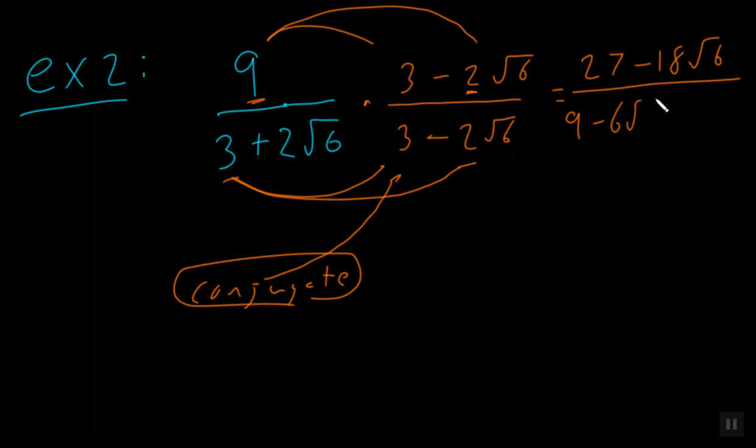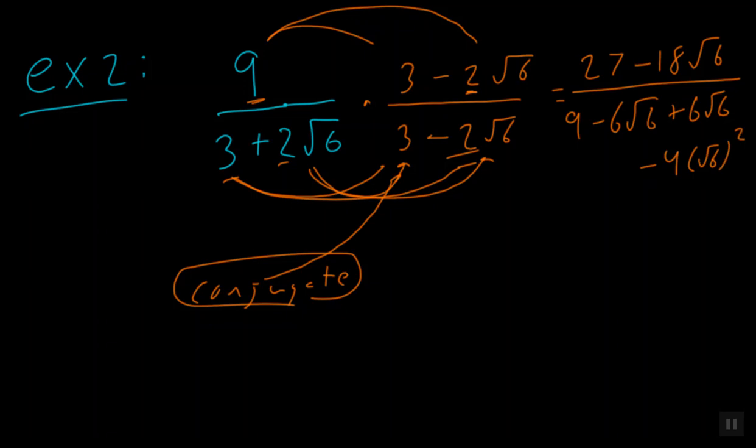That's negative 6 square roots of 6. And we have 2 square roots of 6 times 3, so that's going to be plus 6 square roots of 6. And lastly, we have 2 square roots of 6 times negative 2 square roots of 6. So 2 times negative 2 will give us negative 4. And then the square root of 6 times the square root of 6 is really the square root of 6 squared.